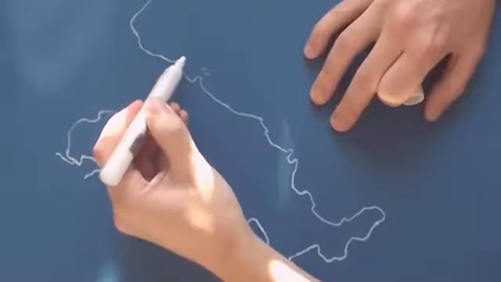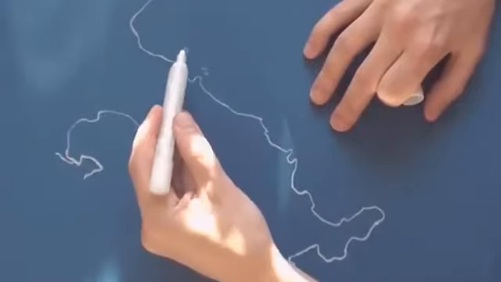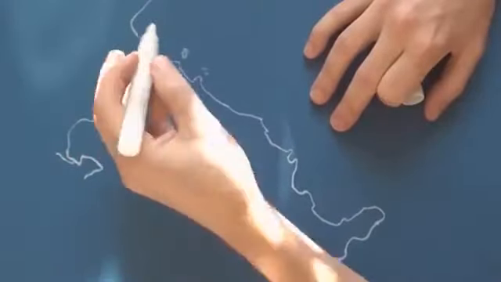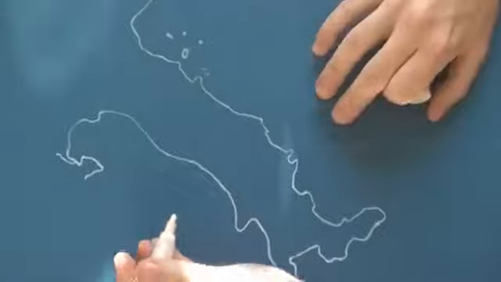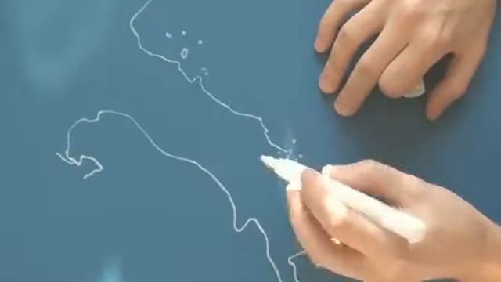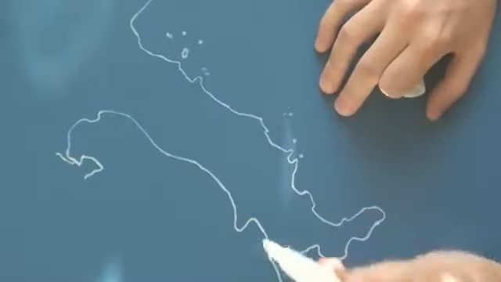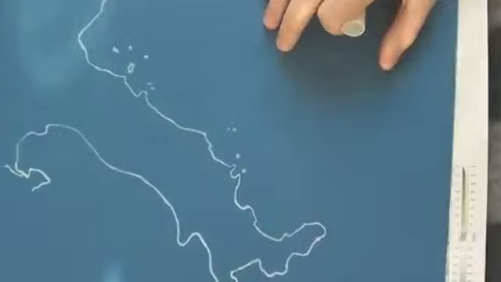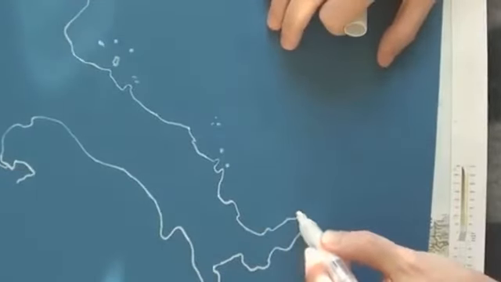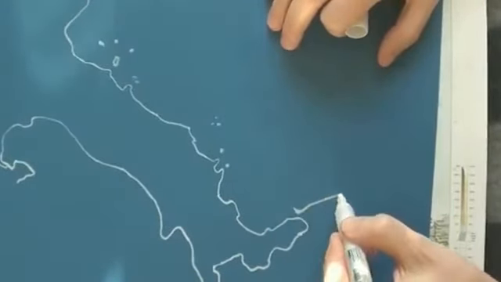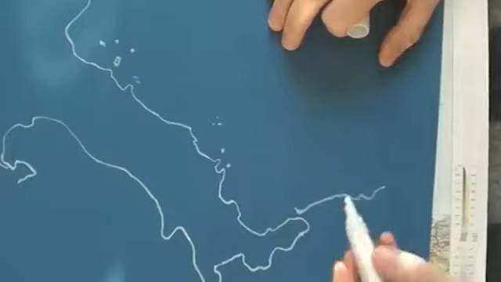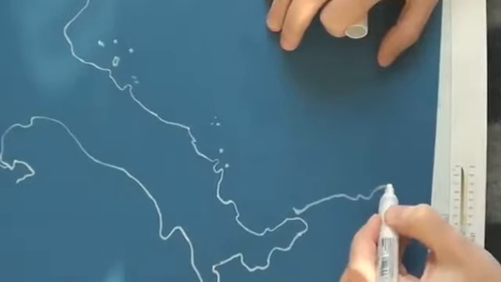Some islands, archipelago. Here as well, Capri, another island. And we have this big island in the south, Sicilia or Sicily.